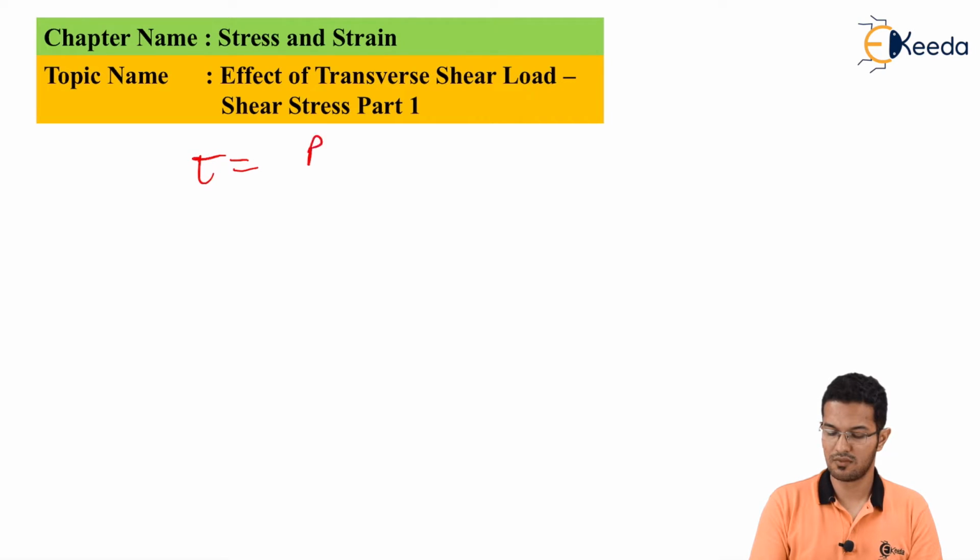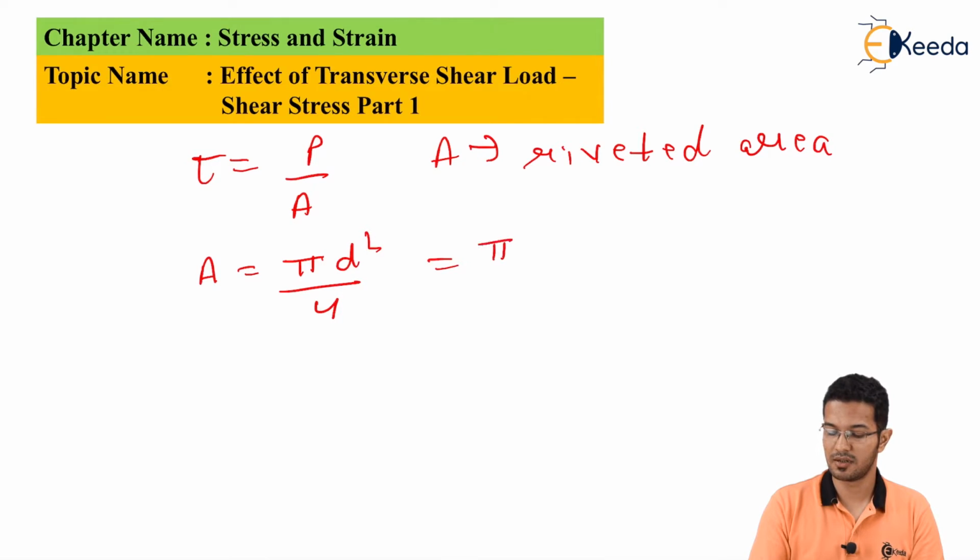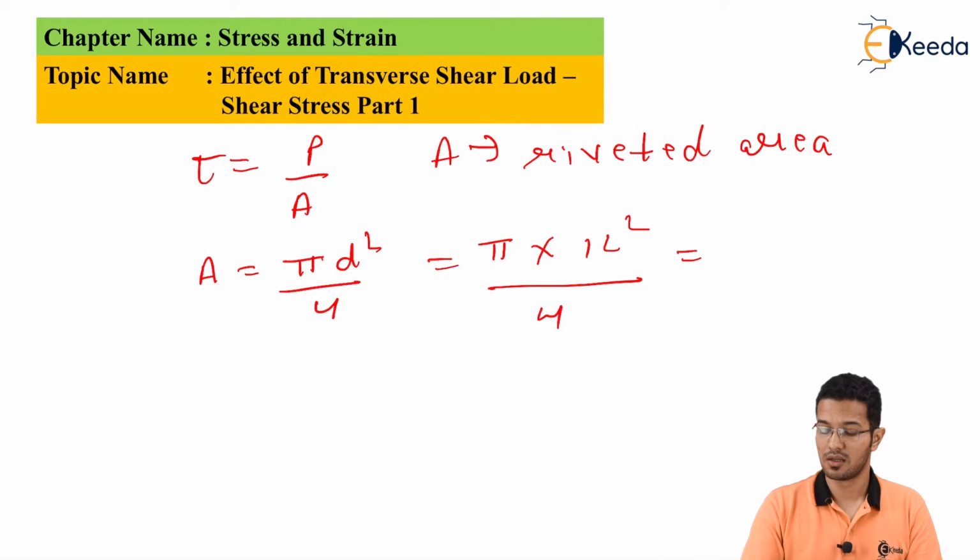Tau is equal to P upon A, where A is the riveted area. A is equal to pi d square upon 4, where the diameter is given to us as 12, so pi into 12 square, the whole upon 4. The answer comes out to be 113.04.